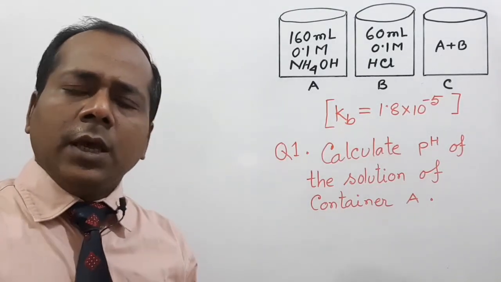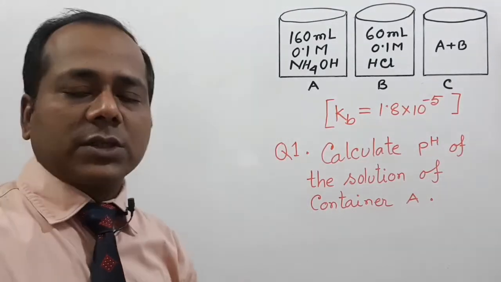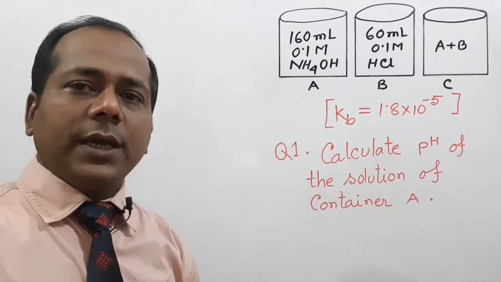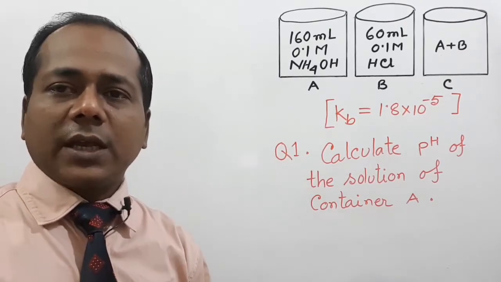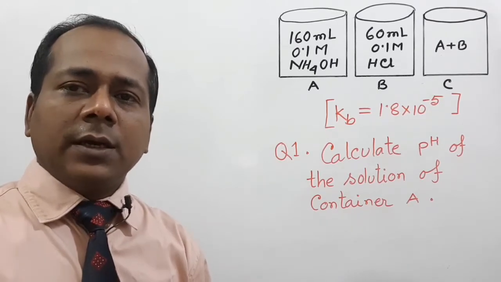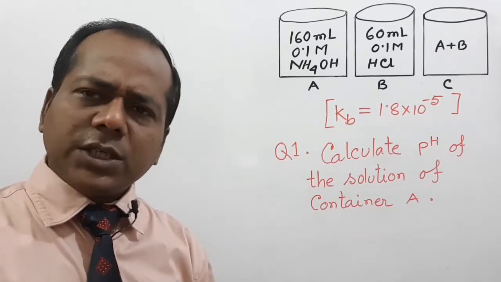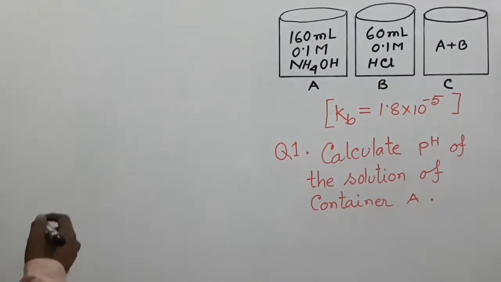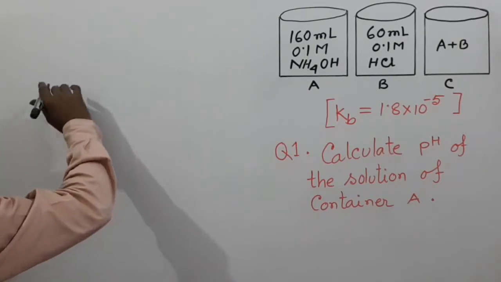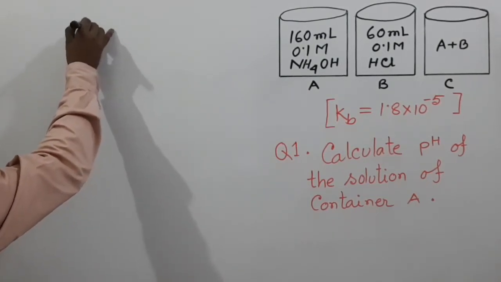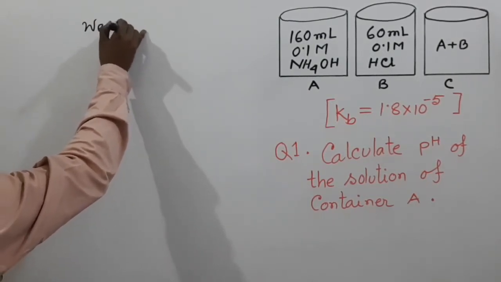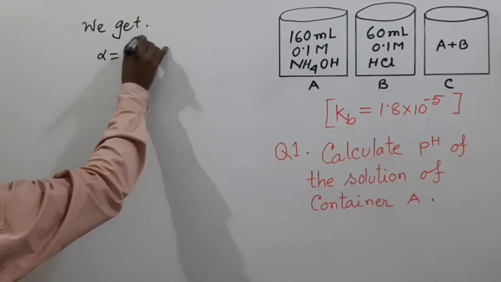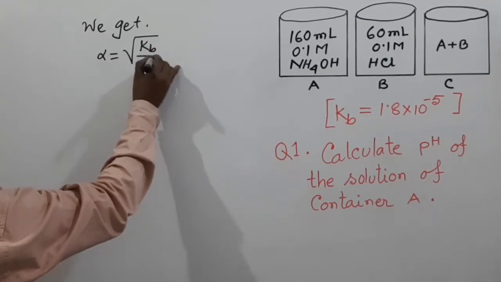We know that ammonium hydroxide is a weak base. So to calculate the pH, at first we have to calculate the degree of dissociation of this weak base. We use Ostwald dilution law, and according to it, we get alpha equals root over Kb by C.